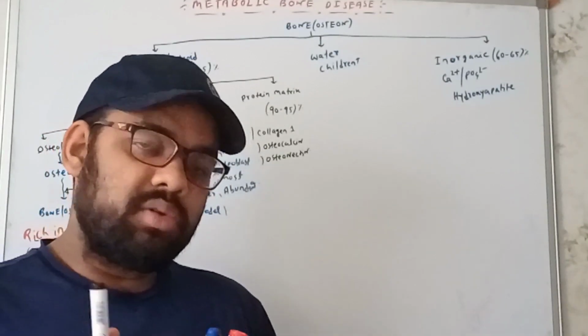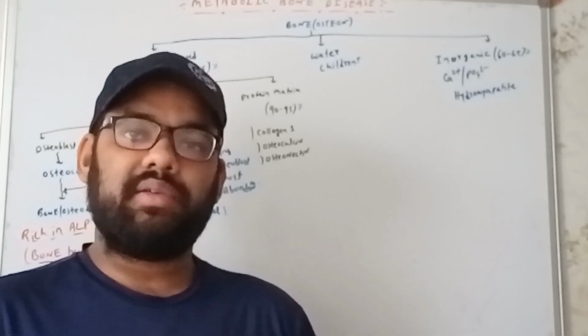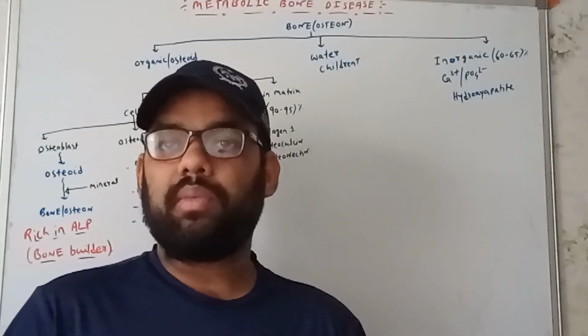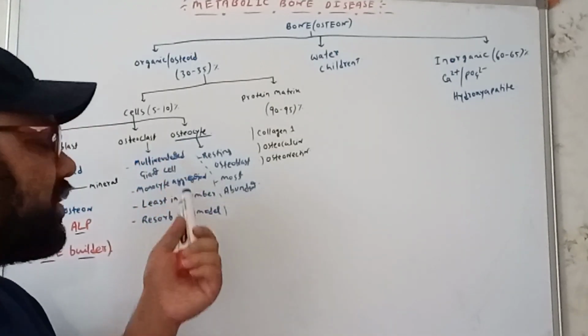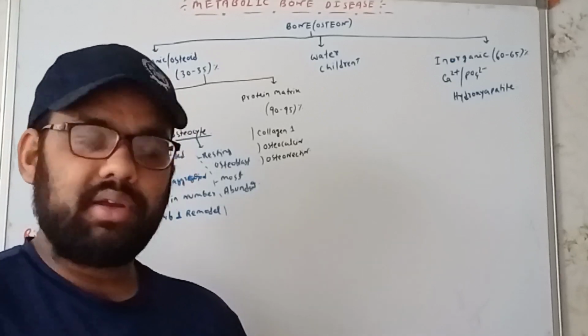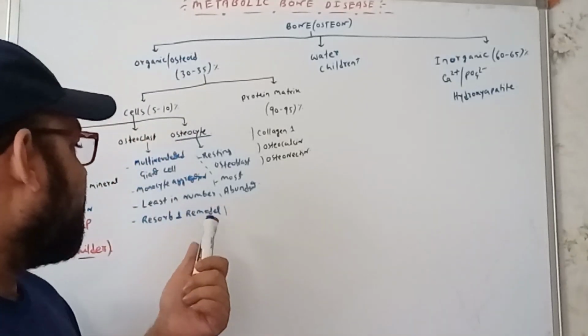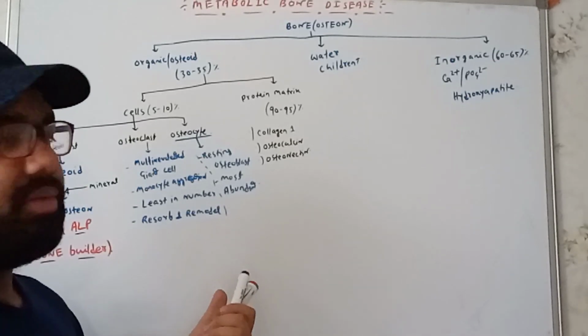By having bone turnover, the different kinds of shape and size of the bone are obtained. Okay, that's functionally normal. So osteoclast is nothing but multinucleated giant cells, where we see the aggregation of monocytes, right? It's the least in number, and its function is to resorb the bone and remodel the bone.